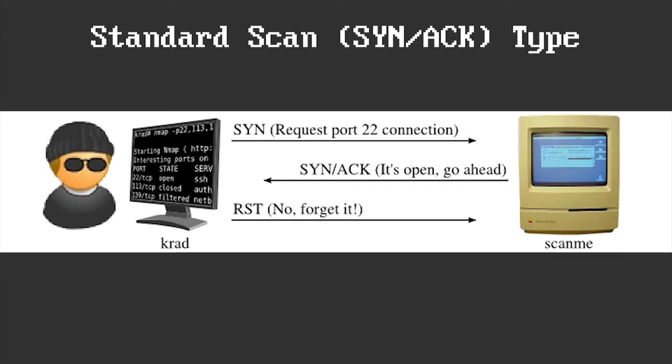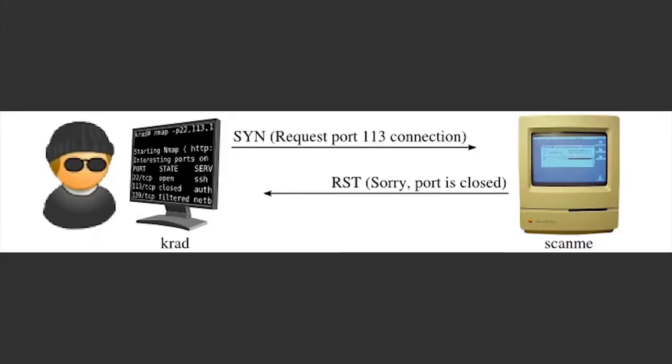Now, rather than doing the usual ACK at that point, Nmap sends an RST, a reset, which aborts the connection, fooling the target into believing that there was an error in the connection, rather than proceeding with the whole TCP packet sequence. In effect, the target is giving away the information that the port is open without actually saying so, and that's why this is a stealthy scan.